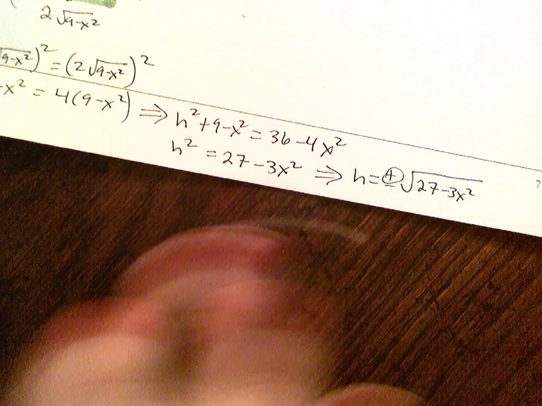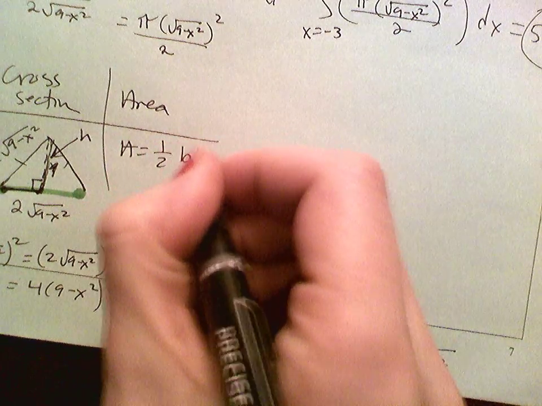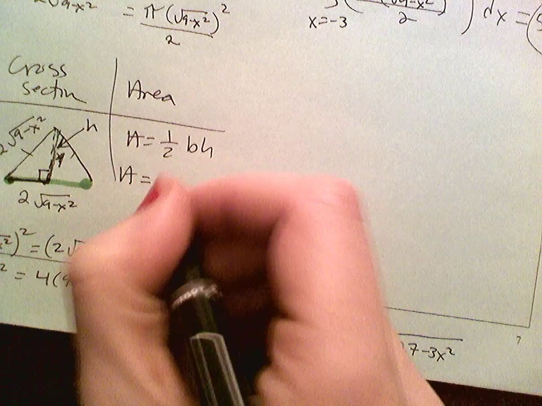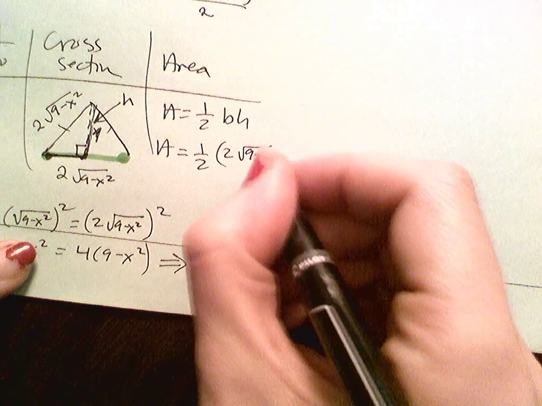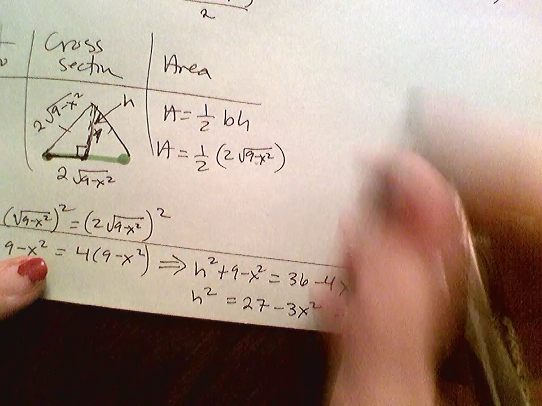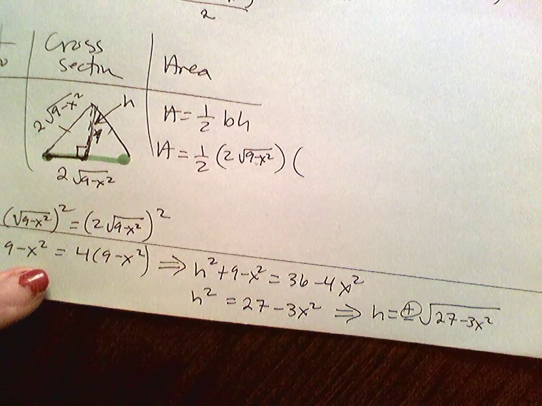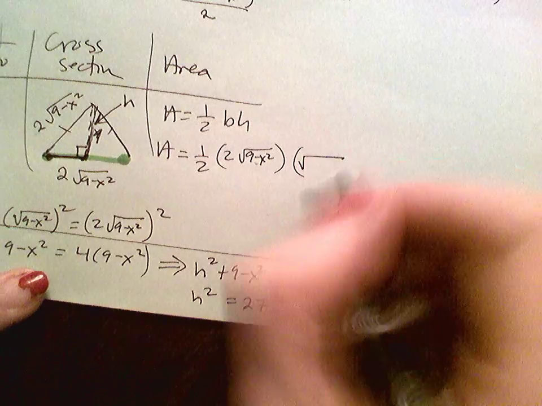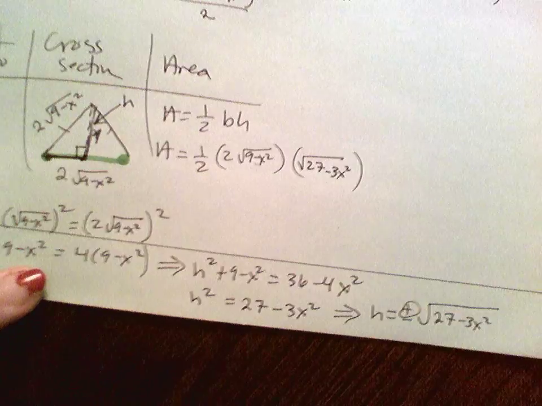Now the area of a triangle is 1/2 base times height. The base is that whole green length, 2 radical 9 minus x squared, and the height we just found is radical 27 minus 3x squared.